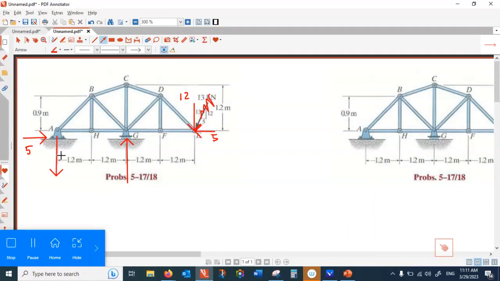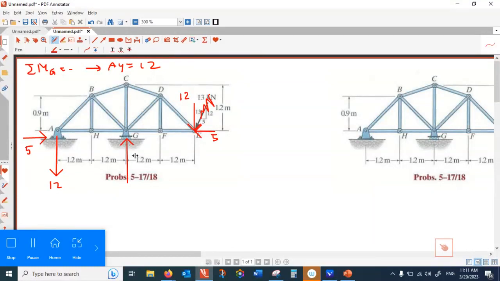Okay, AY times 2.4 is equal to 12 times 2.4 when you take rotation with respect to the G. So rotation with respect to the G equal to 0. That AY is equal to 12 kilonewton in the downward direction.